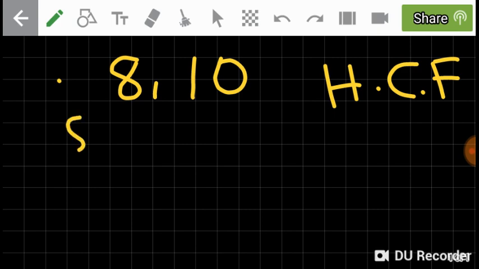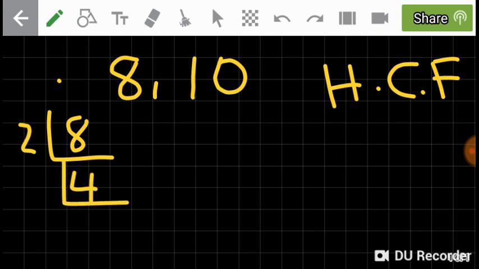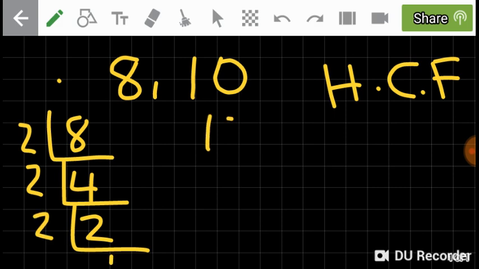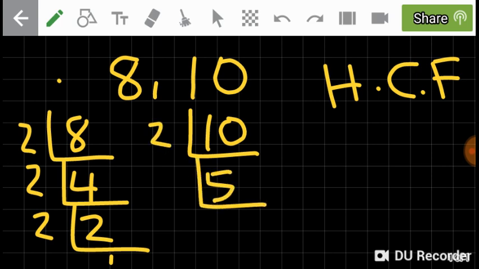We take 2 here, then we get 4, we divide by 2 again, we get 2, we divide by 2 again and get 1. Similarly, we do it for 10: 5 twos are 10, so we get 5 here and then 1.